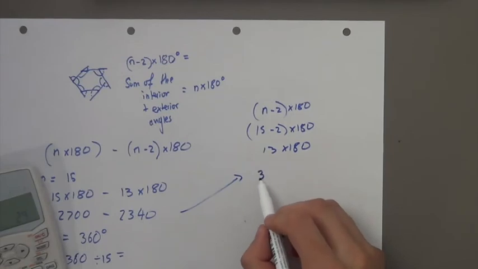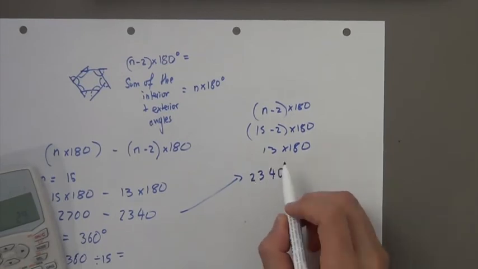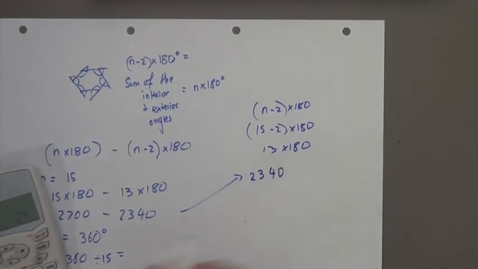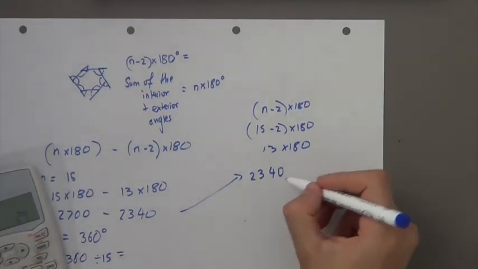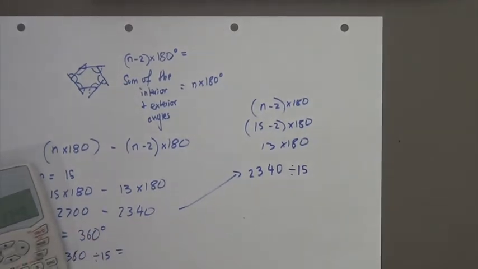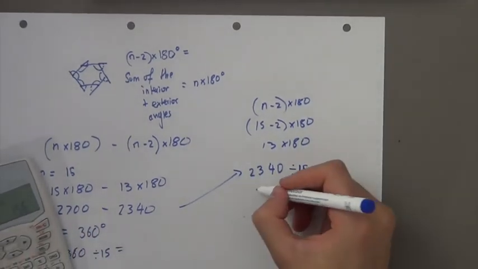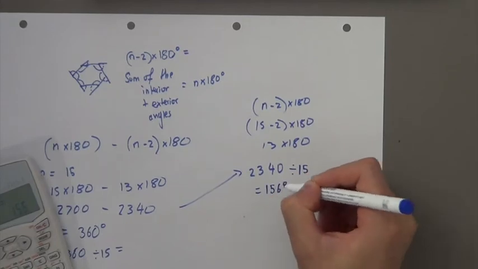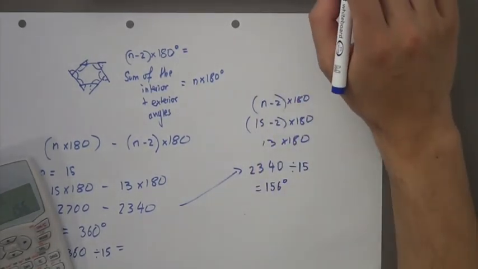That's 2,340, the sum of all the interior angles, and I'm just going to divide this by 15, and that gives us 156 degrees. Okay, next question.